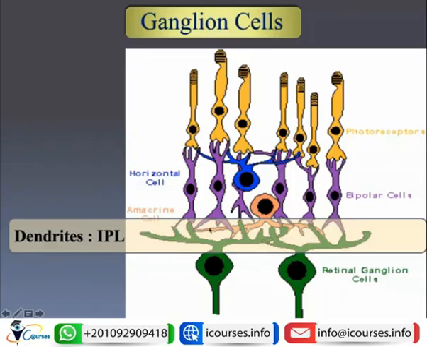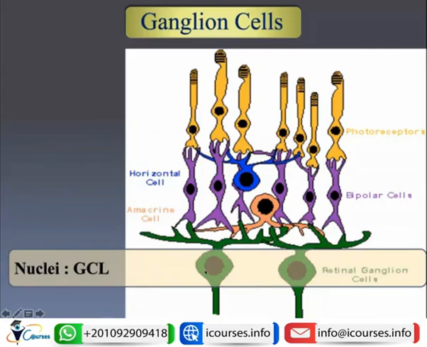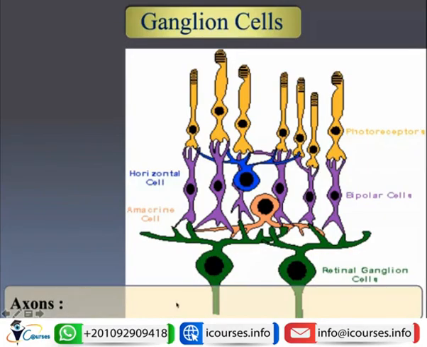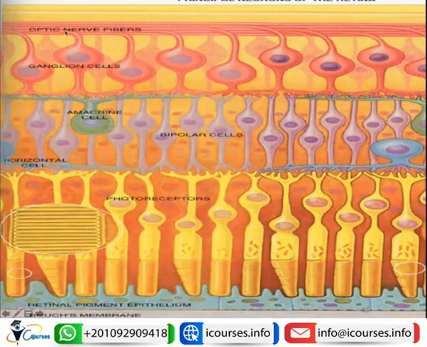So these are the synapses forming the inner plexiform layer, and the cell bodies are present in a specific layer called the ganglion cell layer. The axons of the retinal ganglion cells are the ones which will form the nerve fiber layer, the innermost layer, or the eighth layer, of the neurosensory retina, before these fibers collectively form the optic nerve fibers.